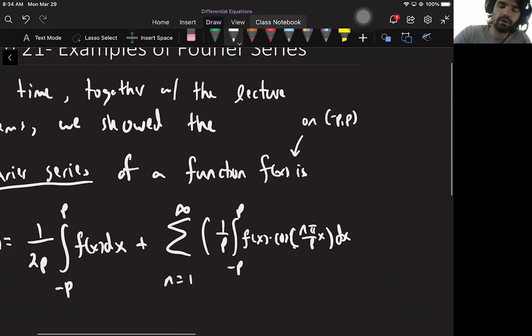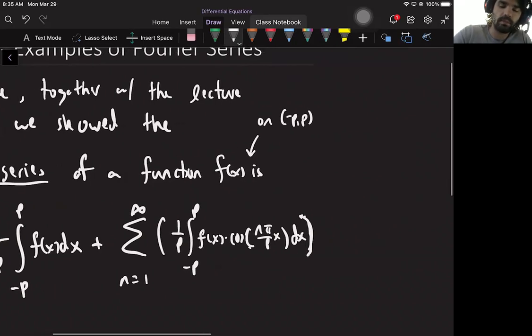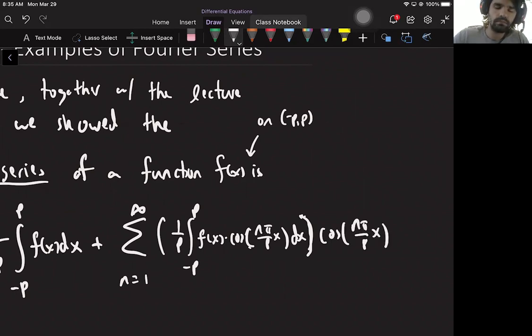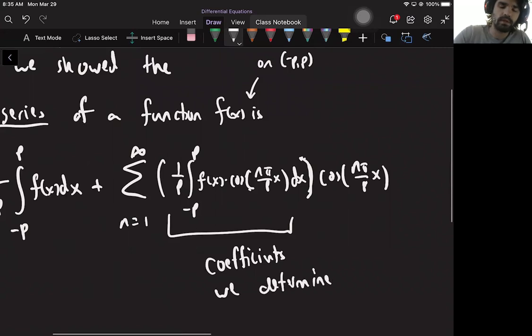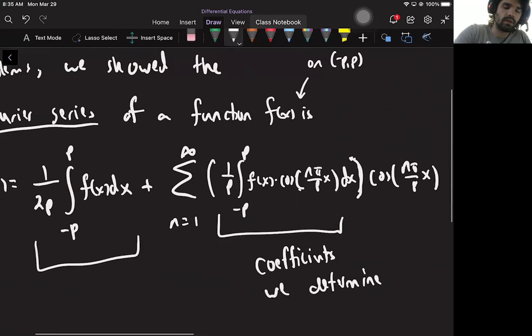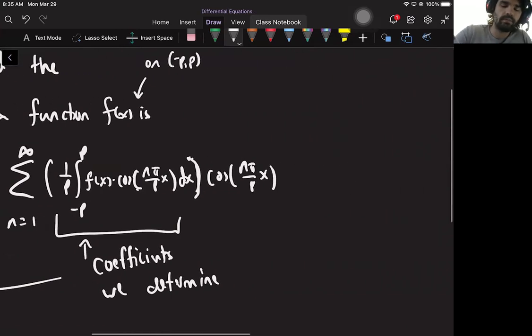So that's your coefficient. Coefficient of what? Of each cosine term, n pi over p x. So these are the coefficients that you figure out, and we'll be calculating lots of these things. And then there was the sine part.